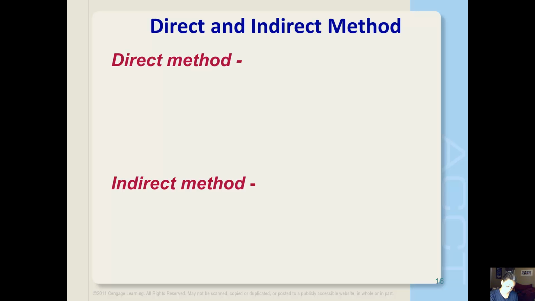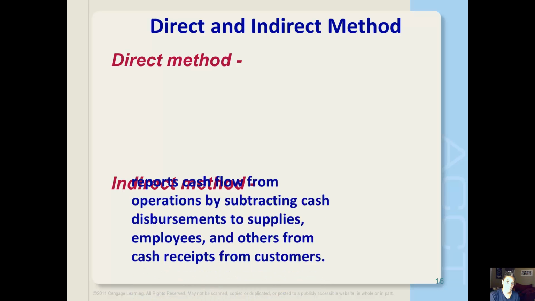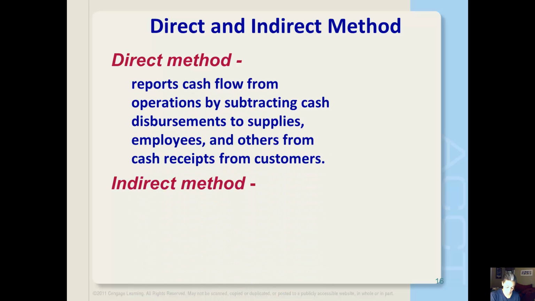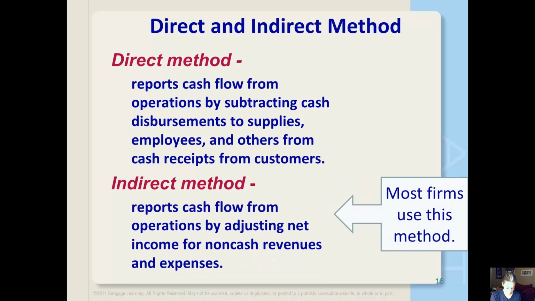However, companies can report their cash flows from operating activities using one of two methods, either the direct method or the indirect method. Using the direct method, a company reports its cash inflows from operation followed by its cash outflows or disbursements for operations. Under the indirect method, a company reports its cash flows from operating activities by adjusting its net income from an accrual basis to a cash basis.